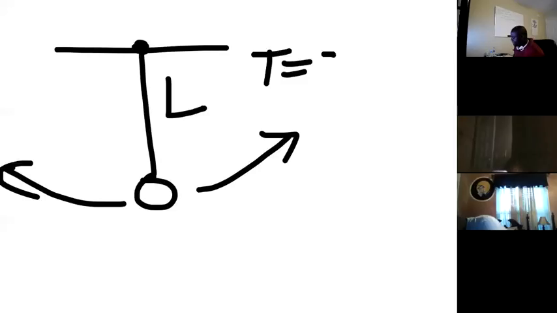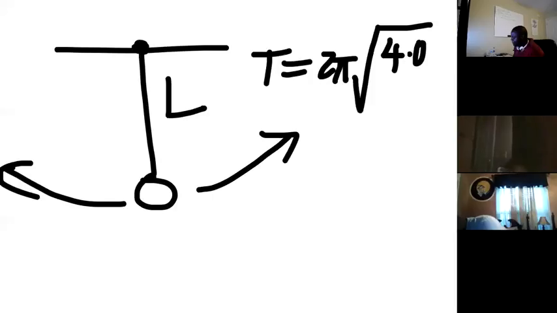Yes, 2 pi square root of 4. So that's 4.01 seconds. So your L is 4. And for a pendulum, you don't really need to know the mass. You just need the length, because the period is 2 pi square root of length over gravity.